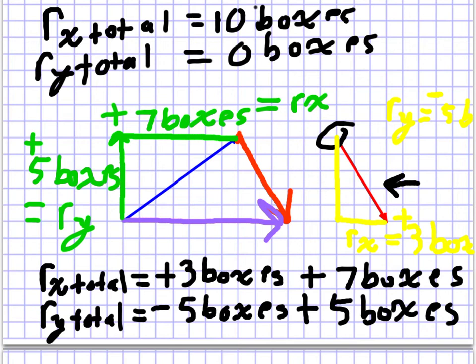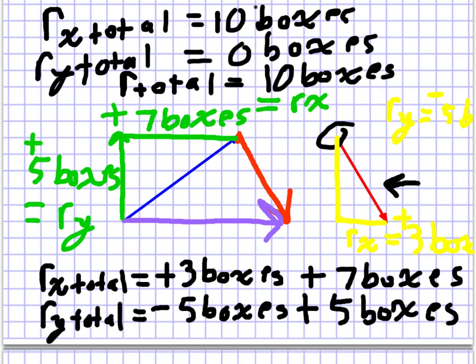And my total vector in the end, so just R total, the purple vector, is 10 boxes. And it is to the right, or in the positive x, so positive 10 boxes. And I'm just going to go ahead and give it its direction to the right. Okay.